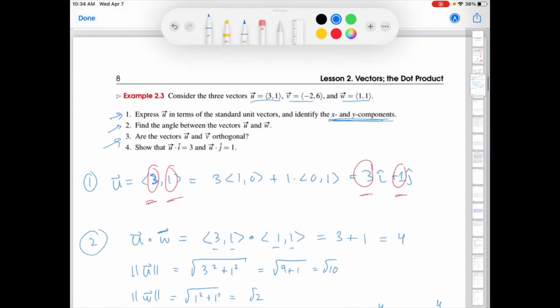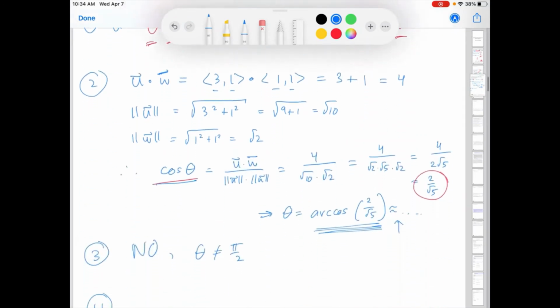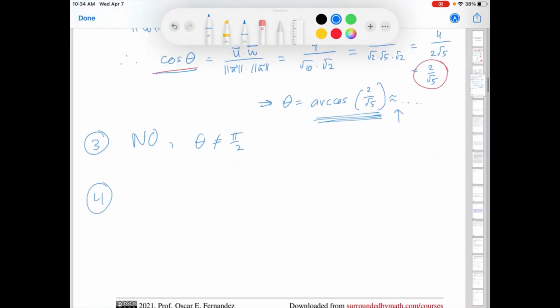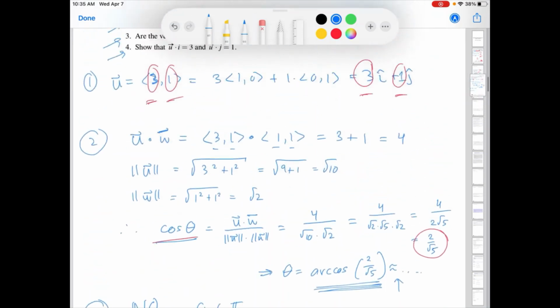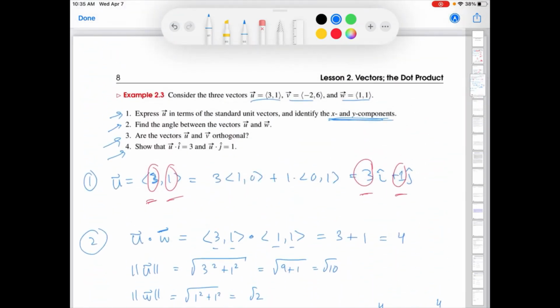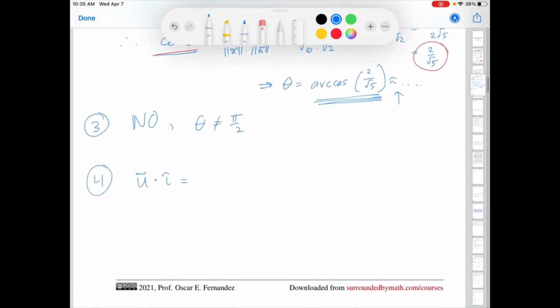And then number 4, show that u dot i hat equals 3 and u dot j hat equals 1. Again, this is meant to foreshadow what I will do in a minute to connect the x and y components to i hat and j hat. So I'm going to do u, (3, 1), dot i hat, (1, 0).